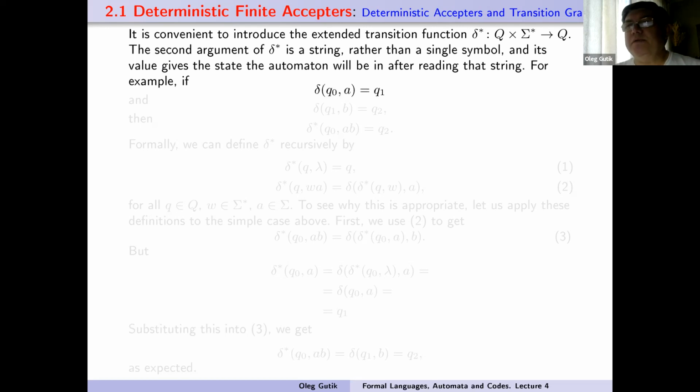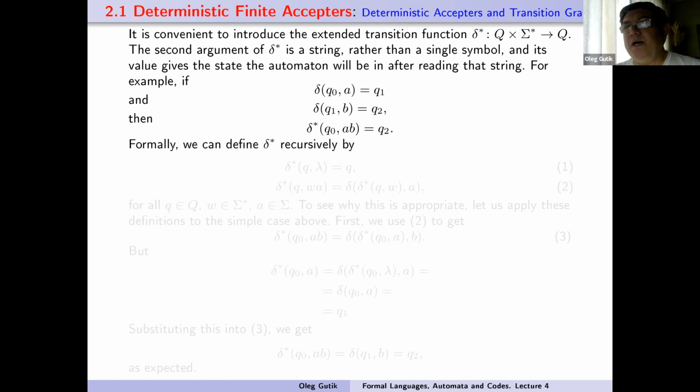For example, if delta of Q0, A is equal to Q1 and delta of Q1, B is equal to Q2, then delta star of Q0, AB is equal to Q2.